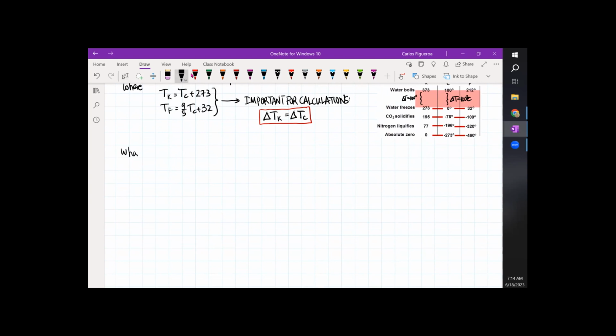So what determines the phase of a material, and when I talk about the phase, I mean a solid, a liquid, or a gas, depends on their internal energies.